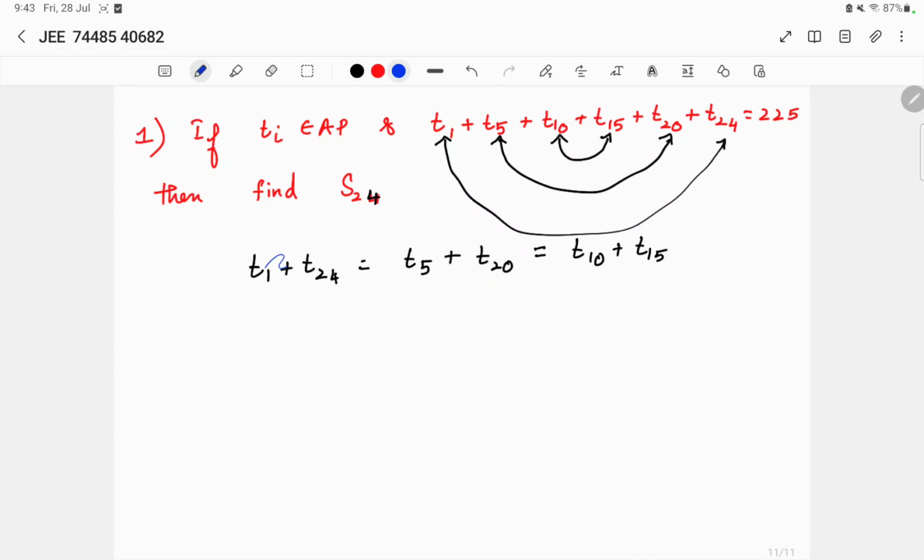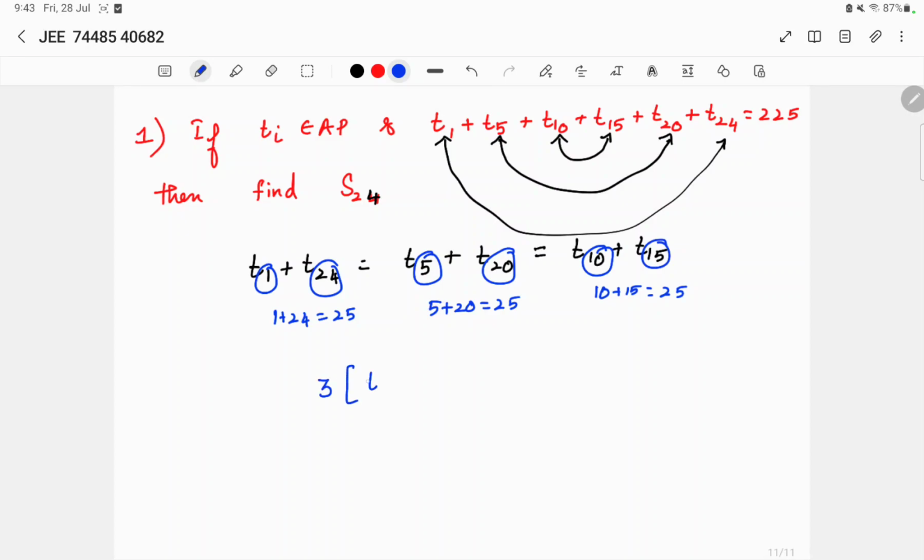Now I can write this as 3 times T1 plus T24, because T5 plus T20 I can write as T1 plus T24 itself, and T10 plus T15 also as T1 plus T24 itself, and it equals 225, as given.